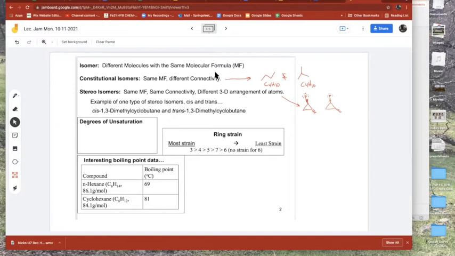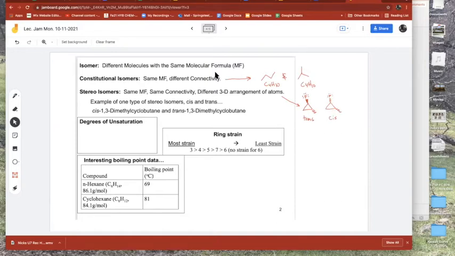So is this first one cis or trans? This one's trans. The two groups are on opposite sides. And this one's cis, they're on the same side.